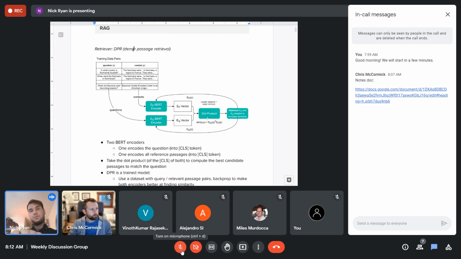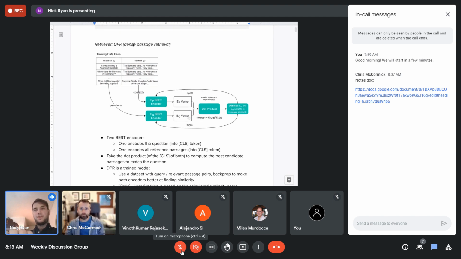We feed these through, take the similarity, or the dot product, and we want to optimize both of these such that similar questions and contexts have a high similarity score, and those that are unrelated have a low similarity score. So essentially, we're encoding these pieces of text, but we're also trying to get them to learn something about similarity. We're gently fine-tuning them to be good at recognizing similarity.